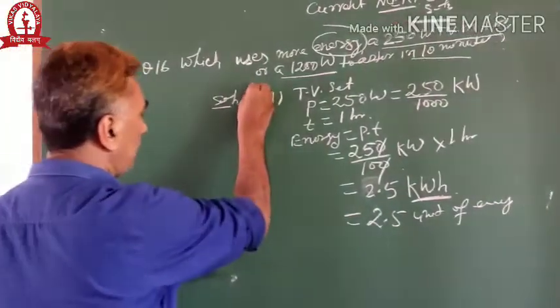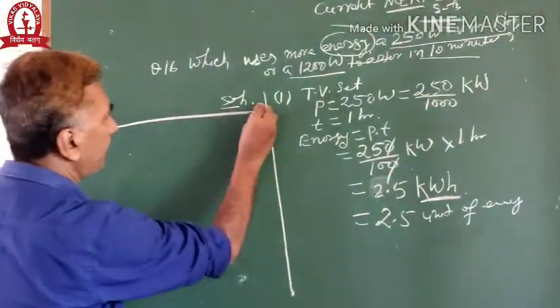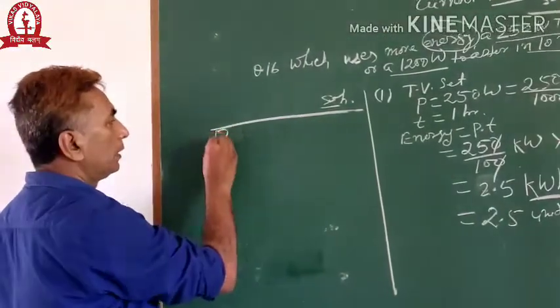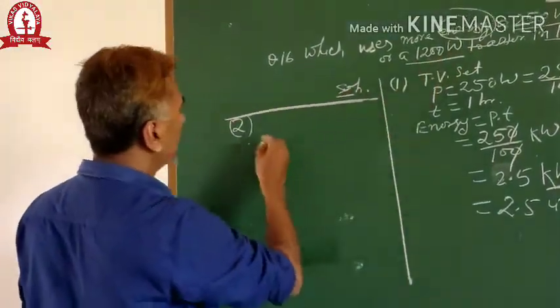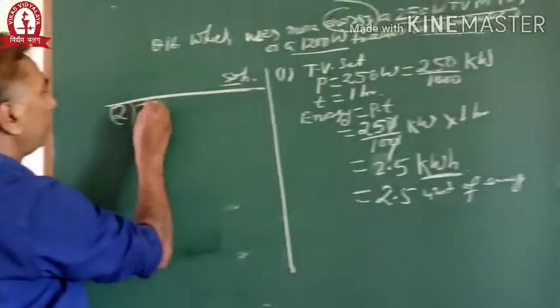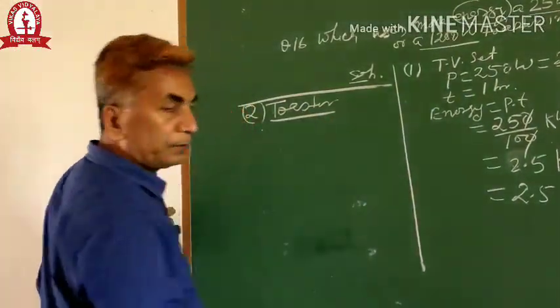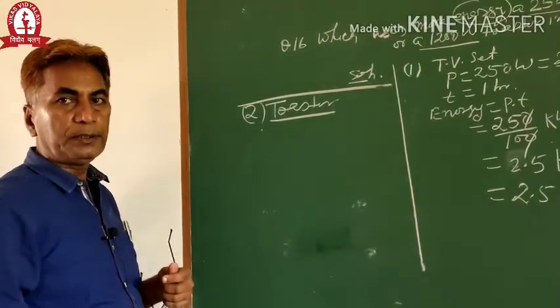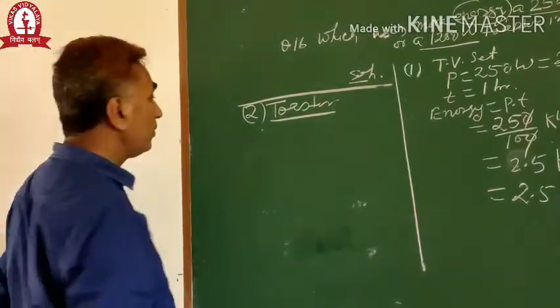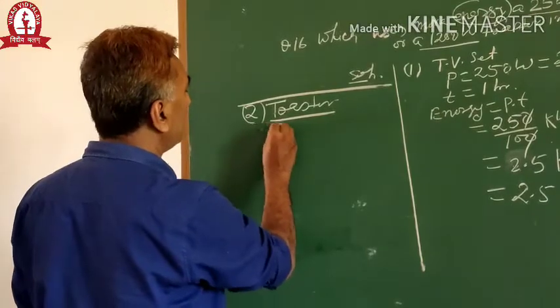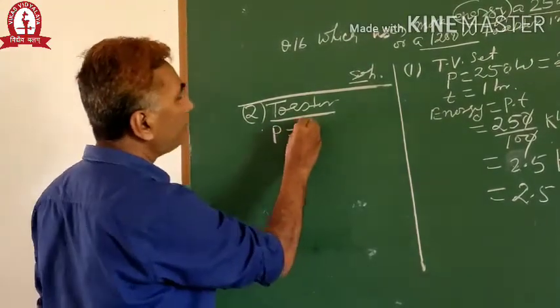And now the second portion, now for the toaster. Again, what about the value of P? P is given as 1200 watt.